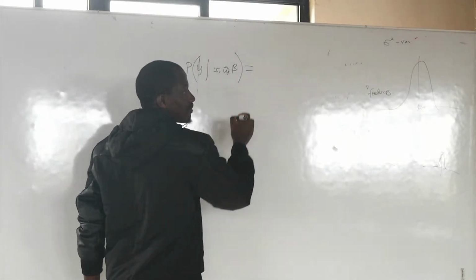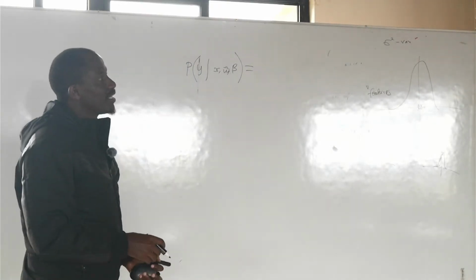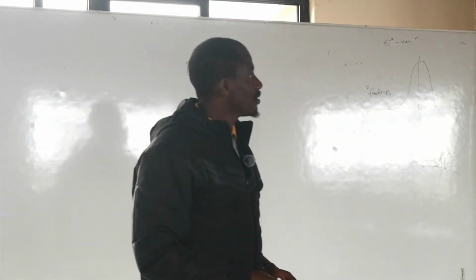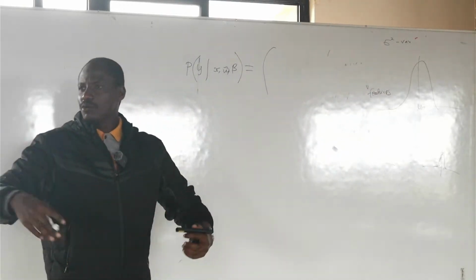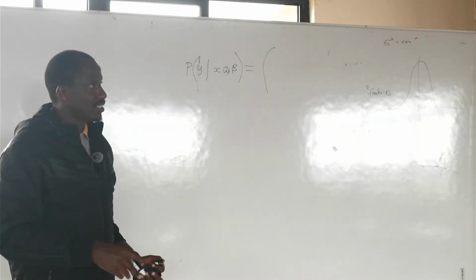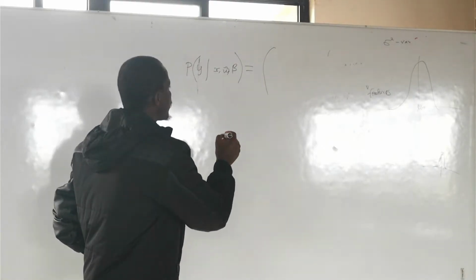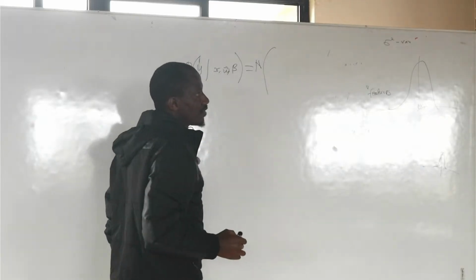The probability of a given value y is normally distributed, like we had seen in the curve there. It is a normal distribution.